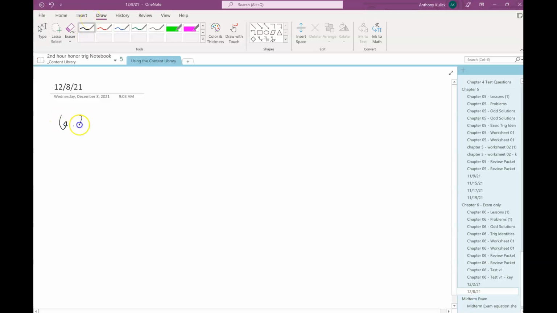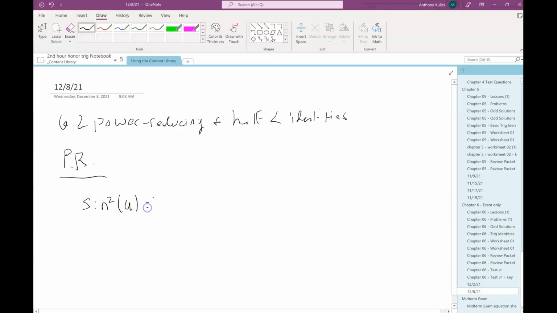So we're going to talk today about the power reducing and half angle identities. So these power reducing identities allow us to take a trig function that's squared and rewrite it as a double angle.